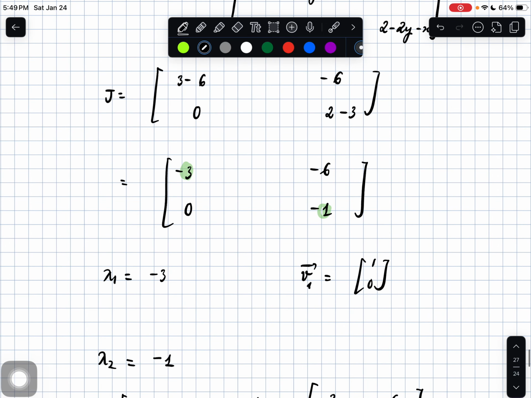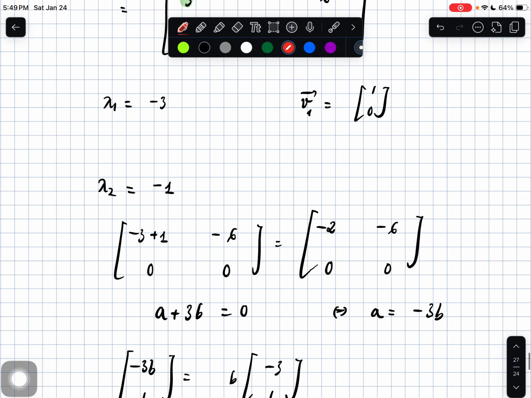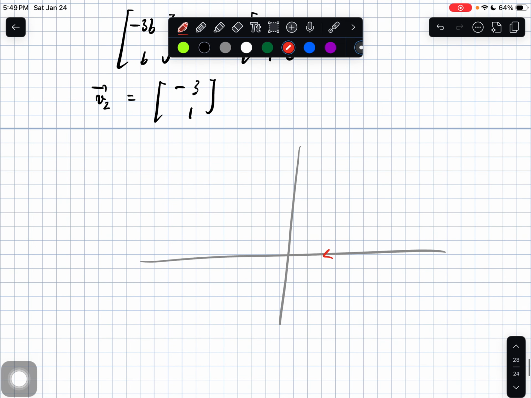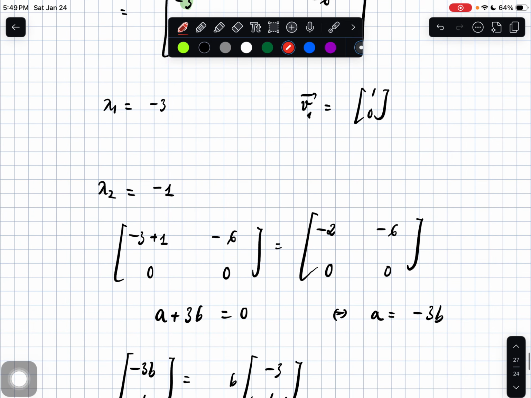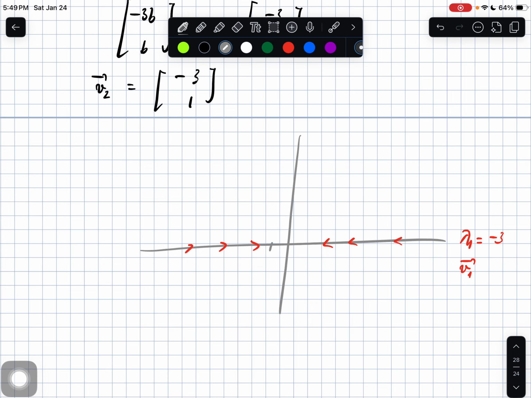Lambda 1 is minus 3, V1 is 1, 0. So again, we have two negative eigenvalues. Lambda 1 minus 3, V1 here. Lambda 2 minus 1, V2 is minus 3 and 1.